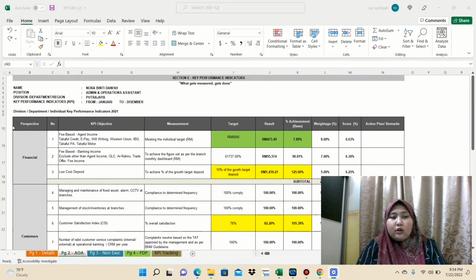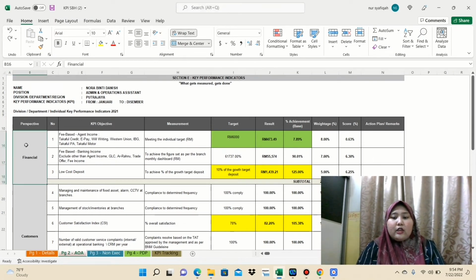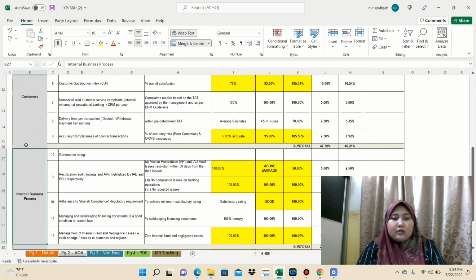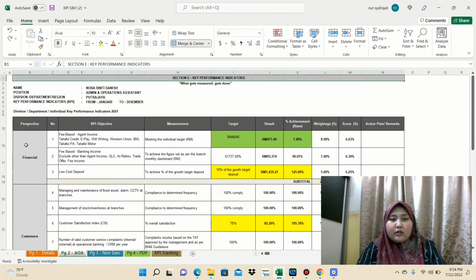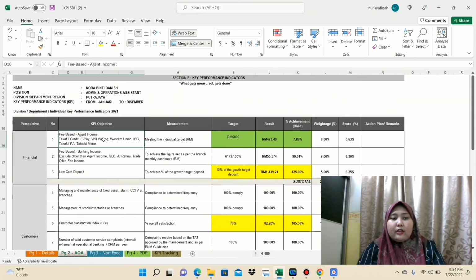This form consists of perspective, KPI objective, measurement, target, result, achievement, weightage, score and action plan. Under perspective, we have financial, customer, internal business process, and learning and growth. Under KPI objective, in the financial section, number 1 is fee base agent income, second, fee base banking income, 3 is low cost.